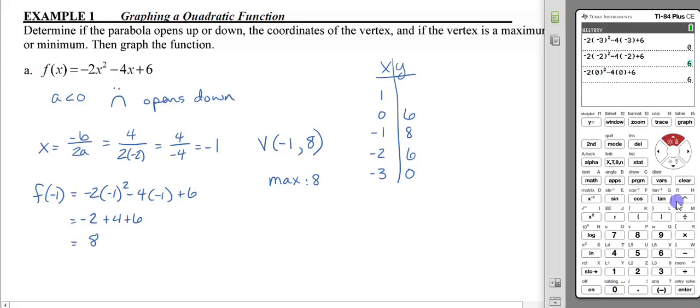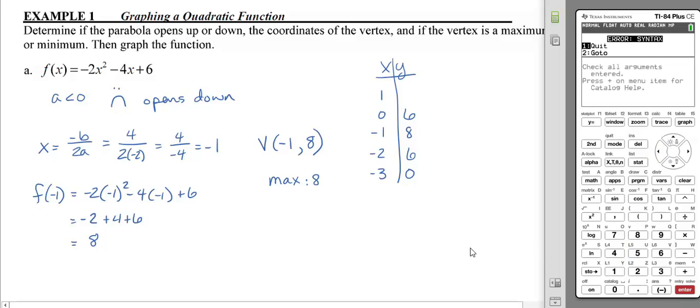And one more time we can try replacing that function input with 1, and we get a 2 there.